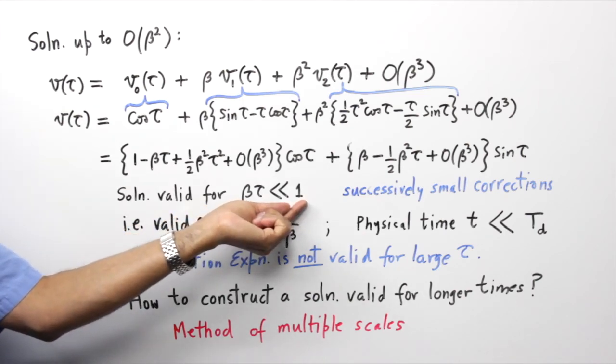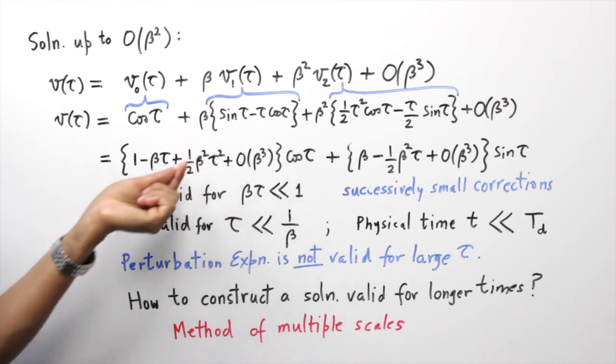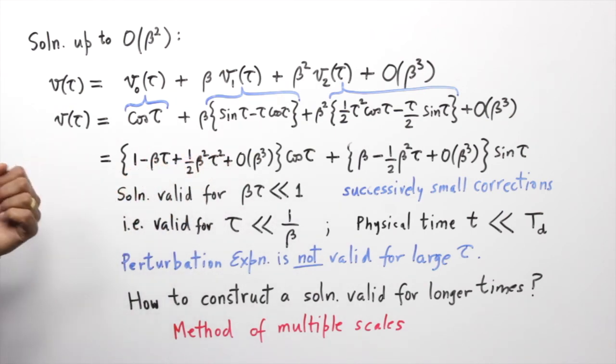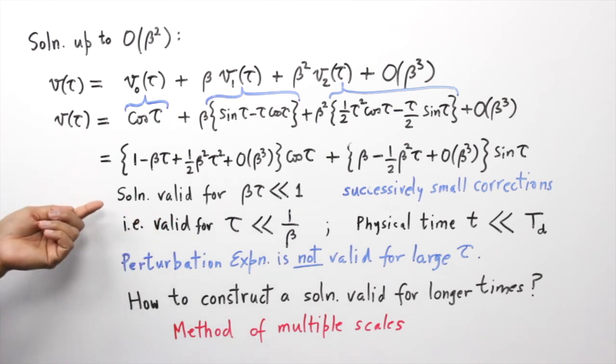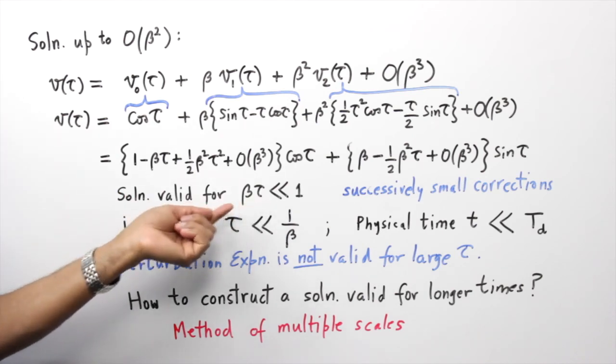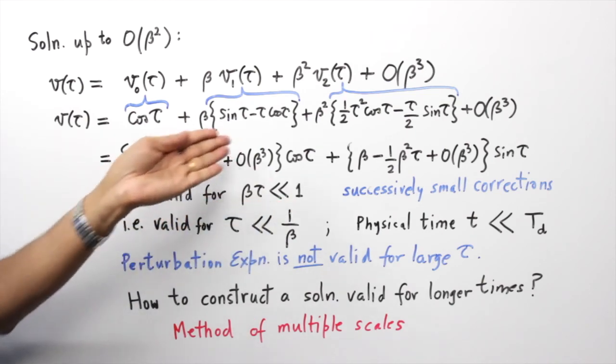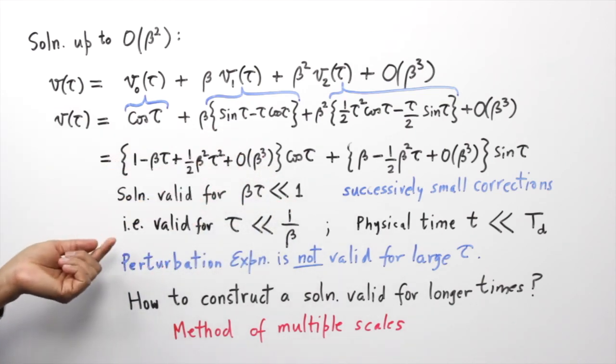If it is small compared to 1, then all of these corrections will remain smaller compared to the previous terms, and so we will have a very good approximation. And so the solution is valid provided beta times tau is much less than 1. Then we can truncate this at low powers.